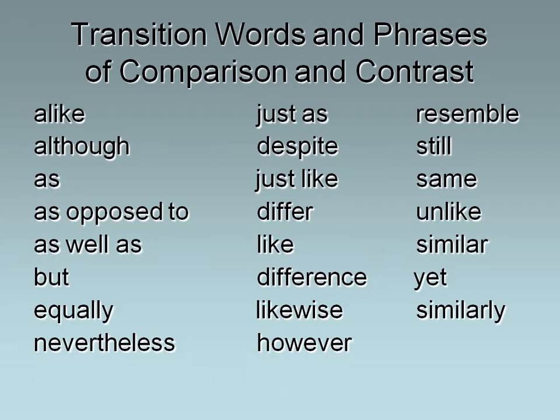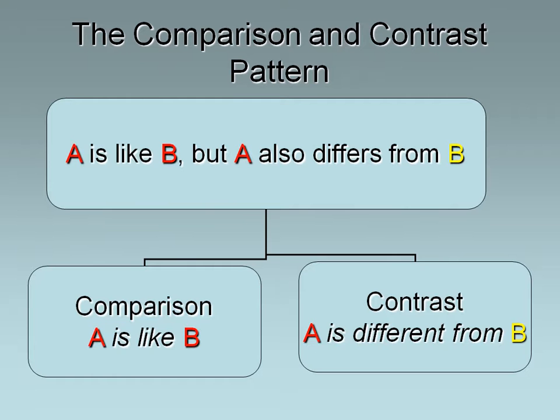Read the following list of transition words and phrases that show comparison and contrast. When the comparison and contrast pattern is used to organize an entire paragraph, the pattern looks like this.